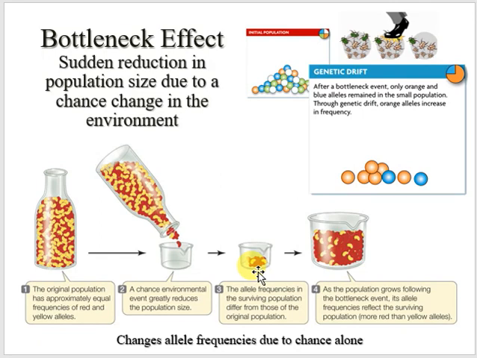Now, usually when we talk about genetic bottlenecks, we see them a lot with endangered species, right? Endangered species can face genetic bottlenecks that are almost on a species-wide scale.